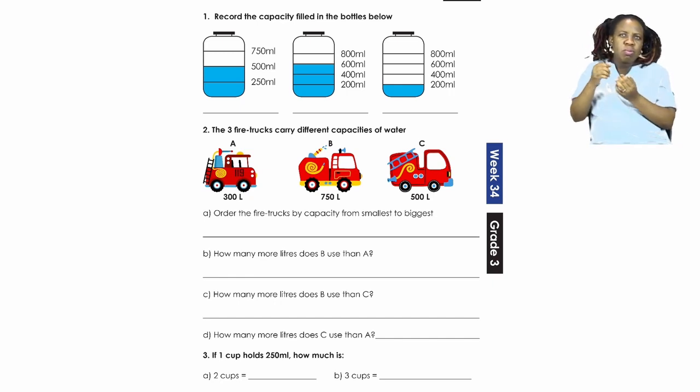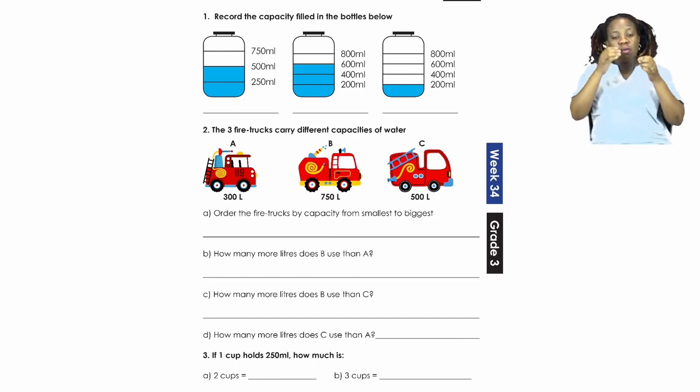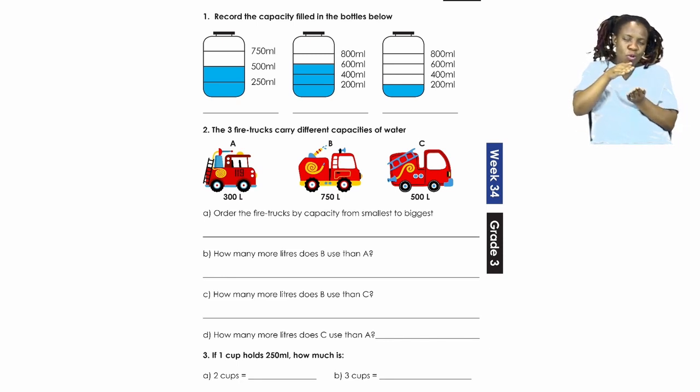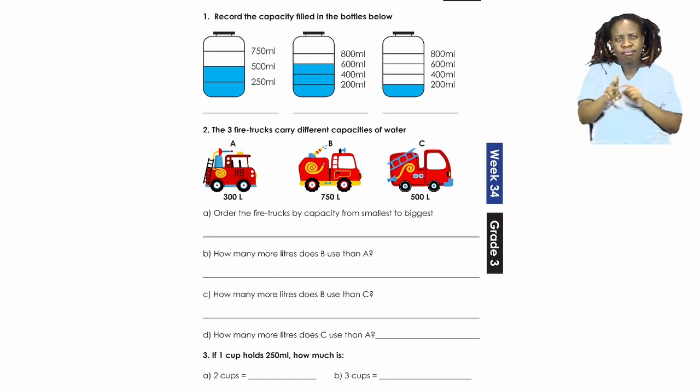Now in this case, for number 1, you have 3 bottles, and each bottle is filled with water. We have to see how much water is in each bottle, because each bottle is filled differently. Right next to the bottle you have your measurements.